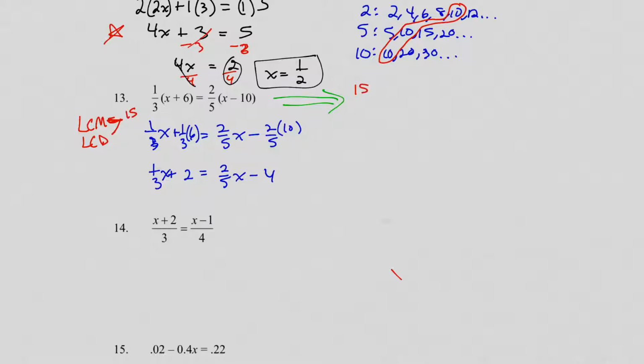So we're going to put 15. That's one term there. And here's the other term right here. So basically this is going to create 15 divided by 3 is 5. 15 divided by 5 is 3. And then 3 times the 2, that's going to equal 6.